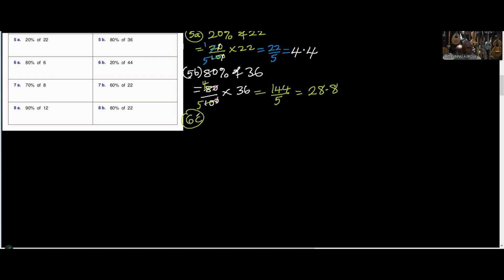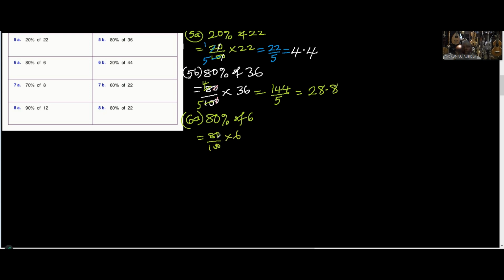Then 6A. We have 80% of 6. So this is 80 over 100 times 6.